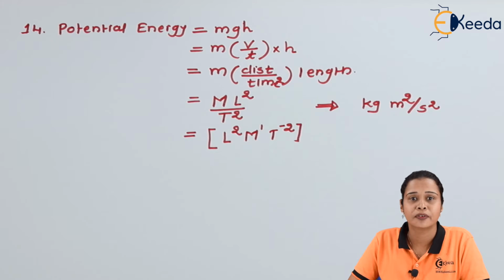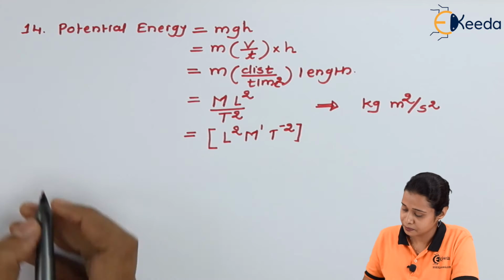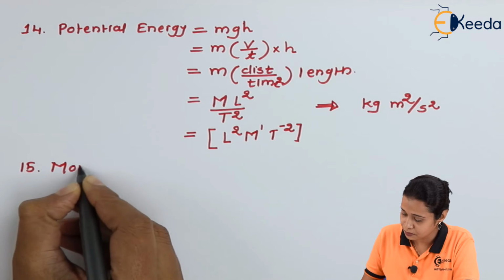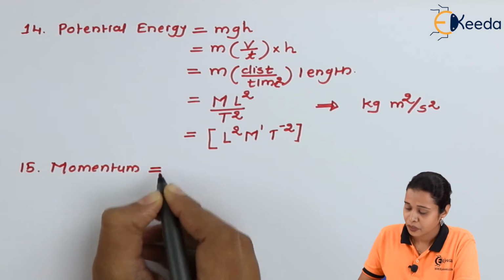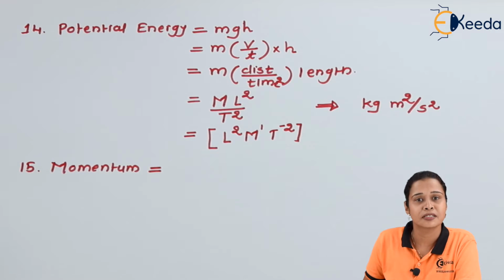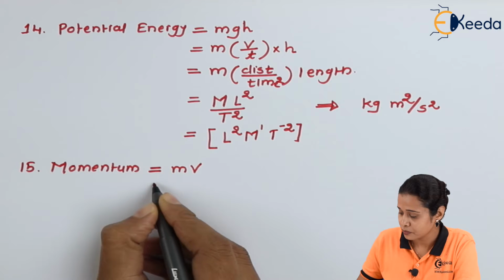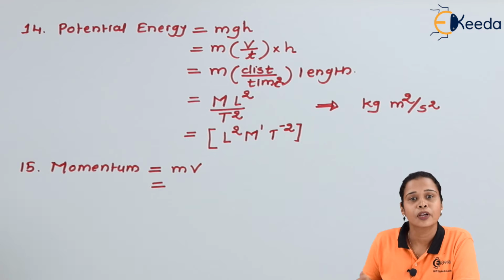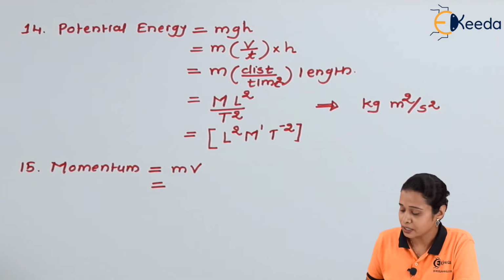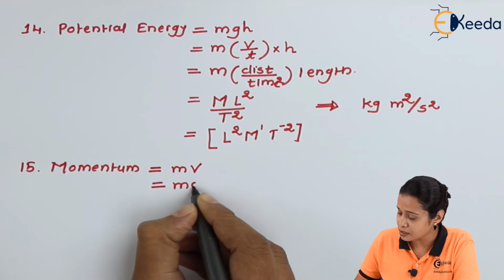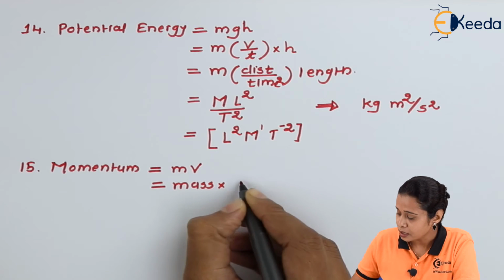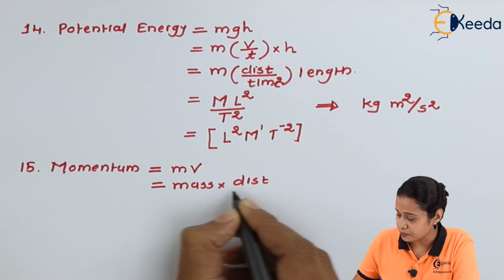Next physical quantity we will take is momentum. We know momentum is mass into velocity. Now we know velocity is again distance per unit time. So we'll write mass into distance per unit time.